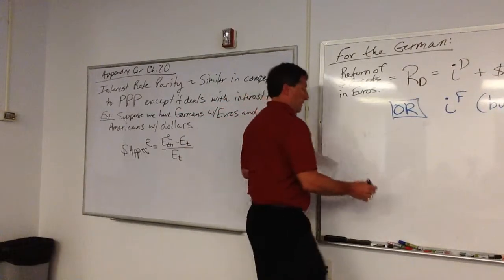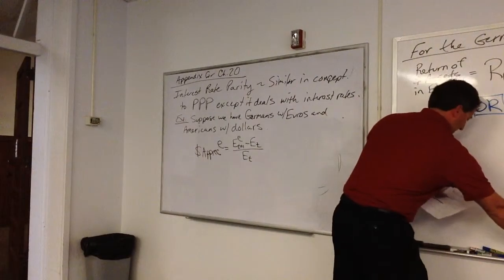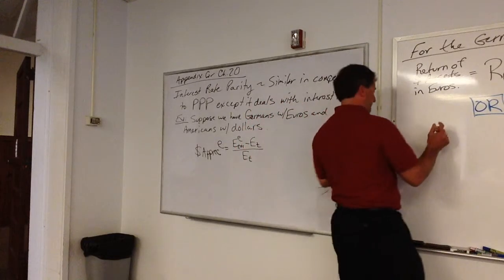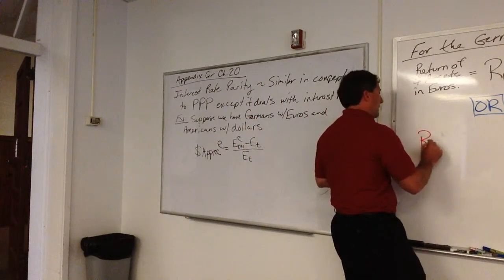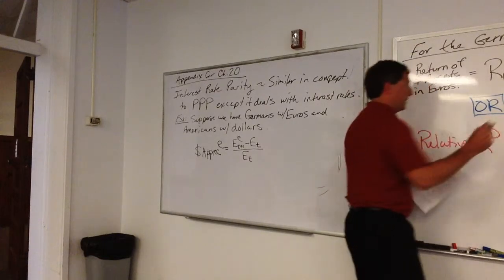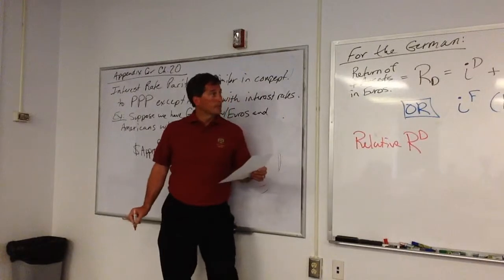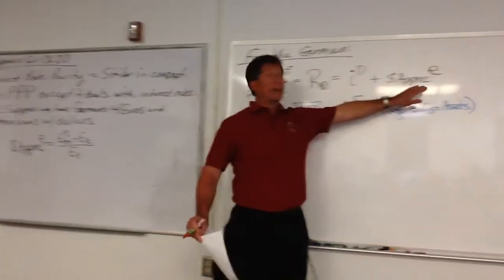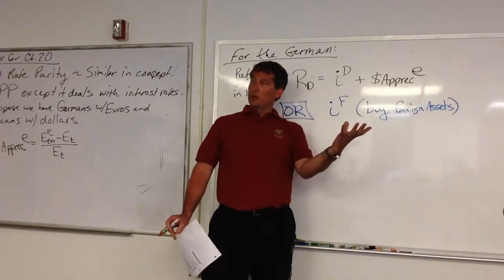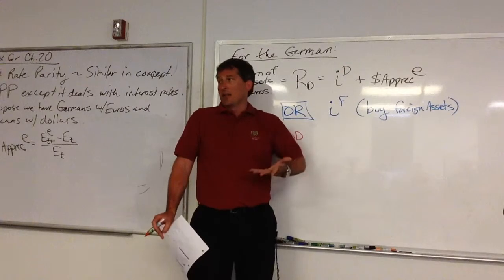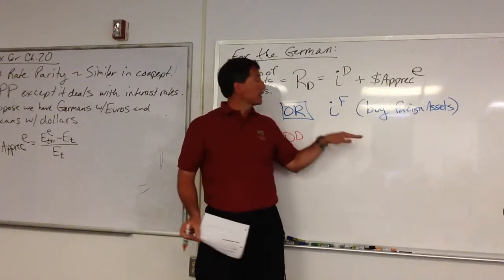Okay, so the relative rate of return for the German. Would you still add on the dollar appreciation? No, they never bought it. So they live in Germany, they own euros, they bought a euro denominated financial asset. Once it paid out, they still had euros, they still live in Germany, so that's all they get.